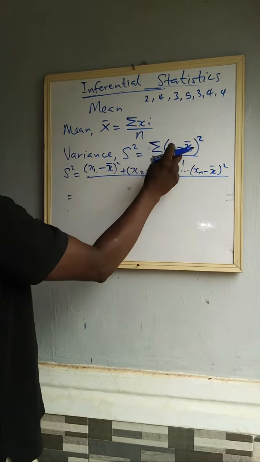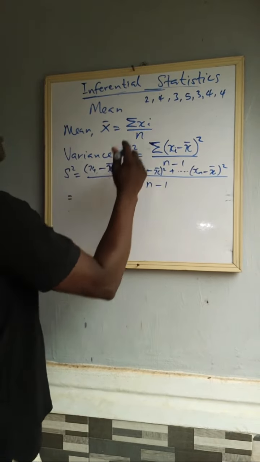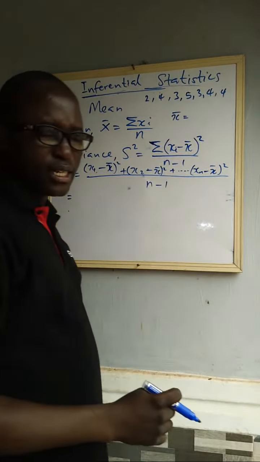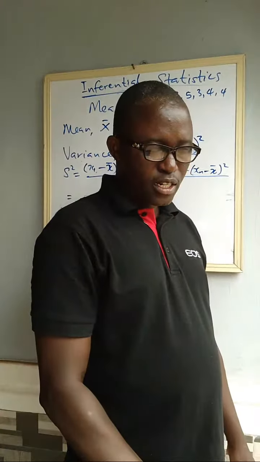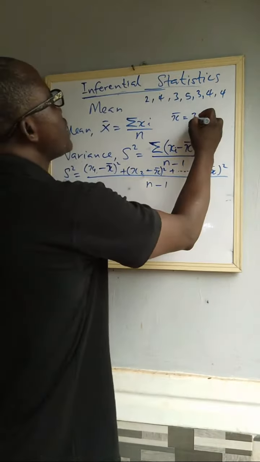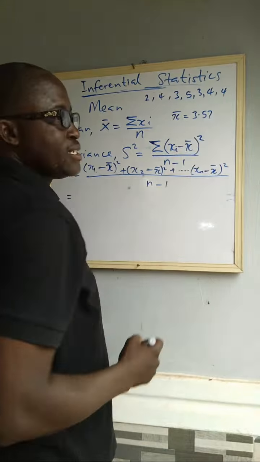Initially we need to calculate the mean. Don't forget we calculated the mean before. The mean for this data set is actually 3.57. That is the mean.